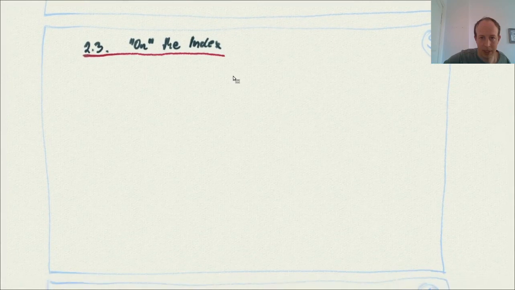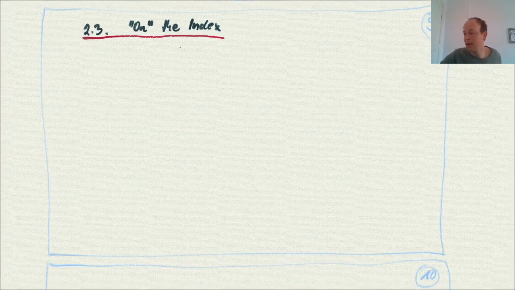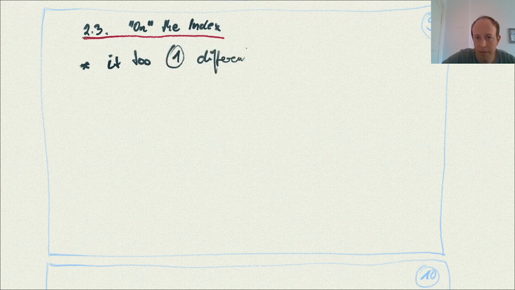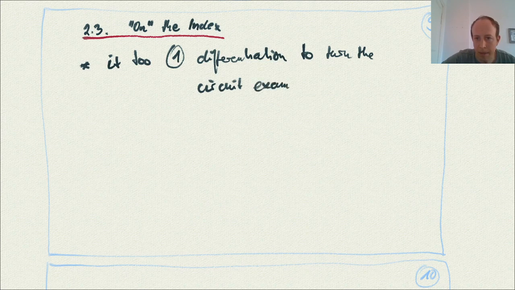This brings me to the last point of today, the index of such equations. It took one differentiation to turn the circuit example into an ODE.